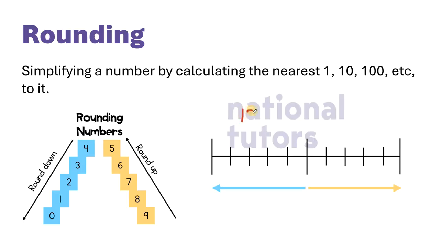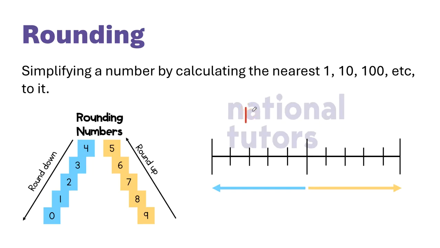So 125, the 1 is what's going to be rounded. The second number, the second figure, is what's going to be called our decider. Our decider literally decides whether we are going to round up or down.